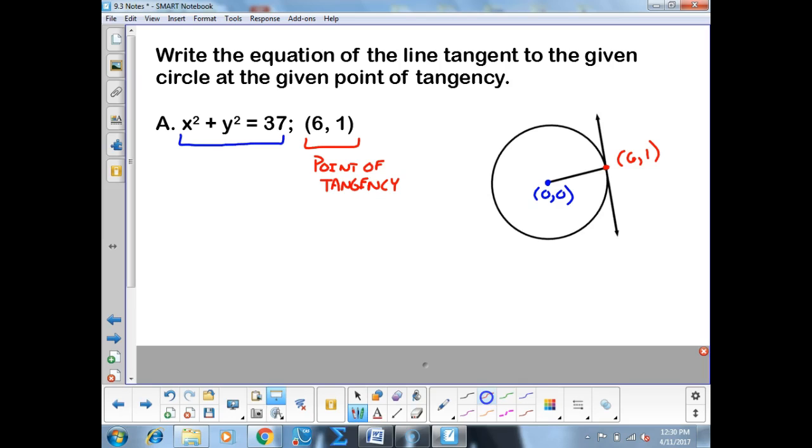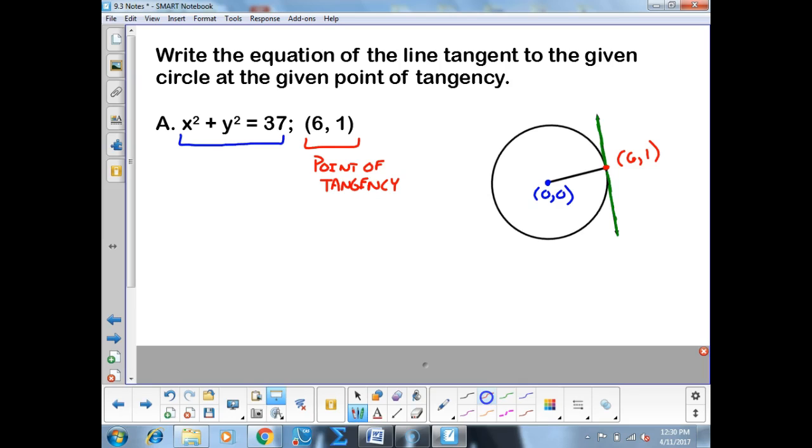Okay? What you are looking for is the equation of this green line. So does the radius come into play at all? Yeah. No, the radius means nothing. Okay, I shouldn't say that.